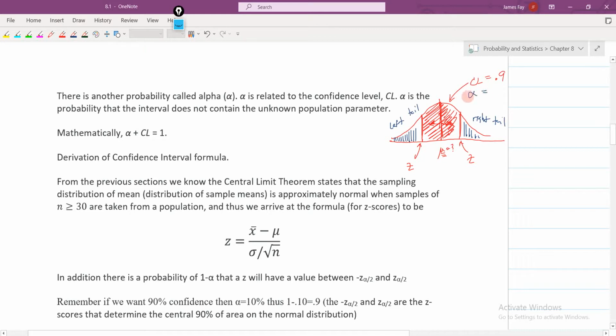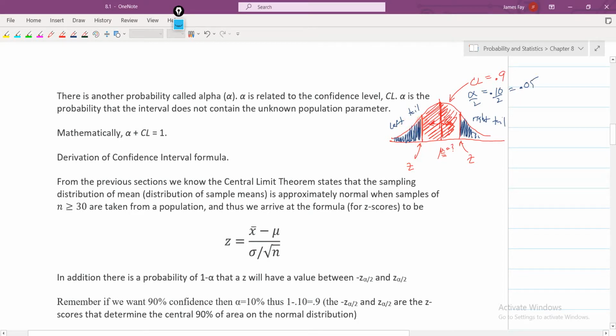That 10% chance, we're calling that alpha. And that would be this blue area, that one and that one. It's cumulative, 10%. Because these blue areas total 10% and they're symmetric, we're going to divide by 2, so we get 0.05.